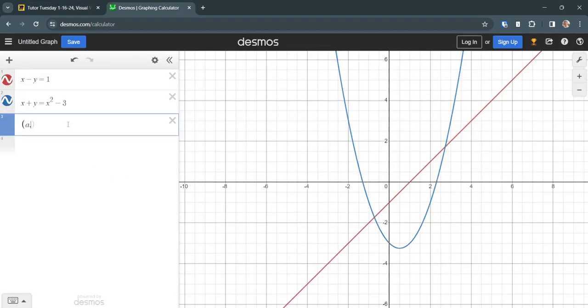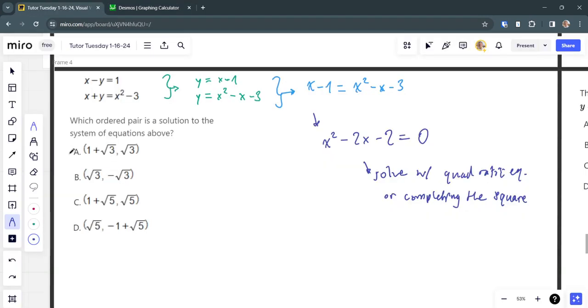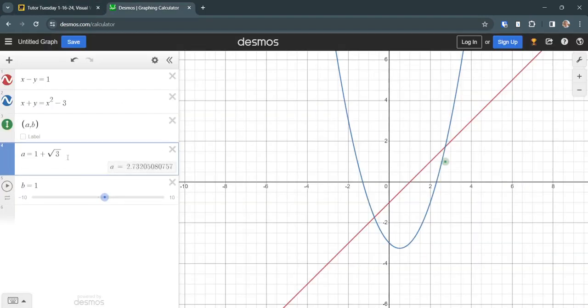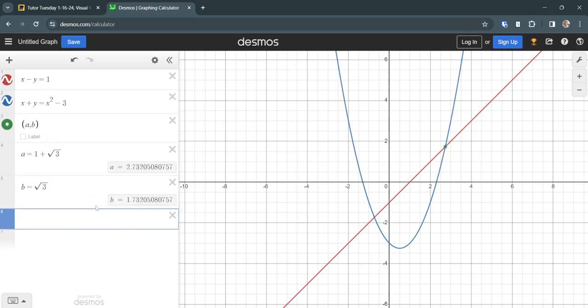Like I could make a point (a, b). I could make the x coordinate 1 plus square root 3, the y coordinate square root 3. And you don't have to do it like this. You can also just plug it in as an ordered pair, like so.